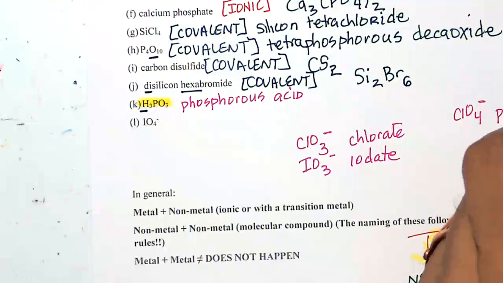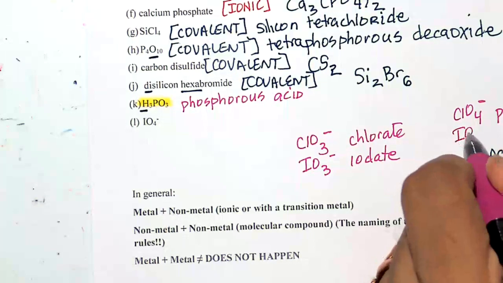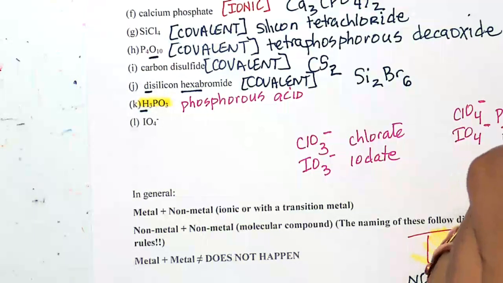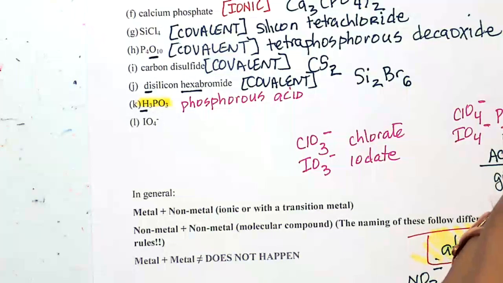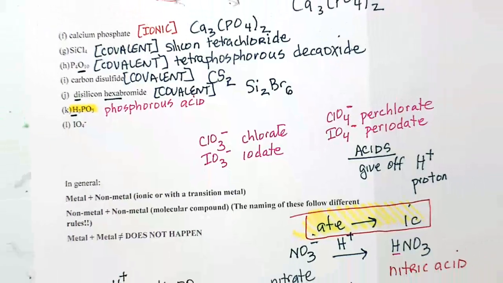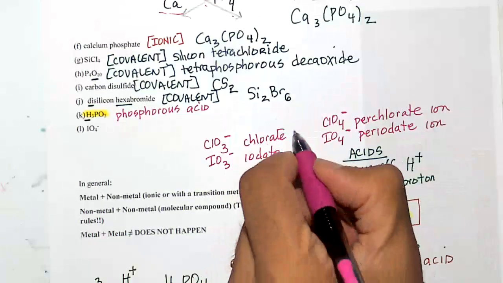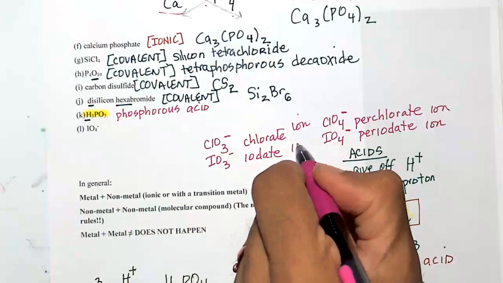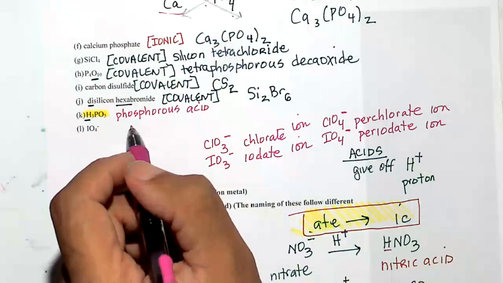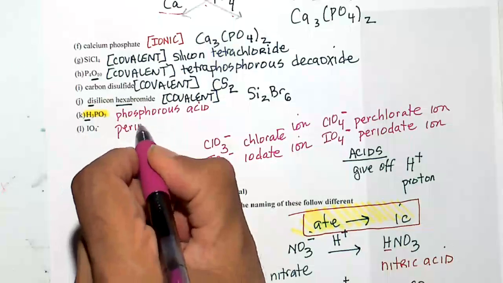This would be perchlorate. What would IO4 minus be? So this is the periodate ion. Periodate.